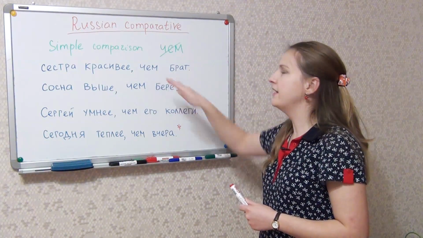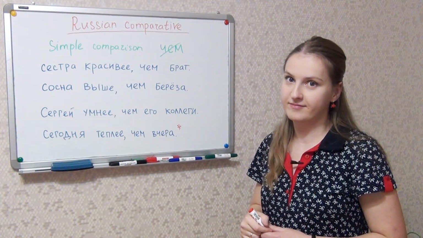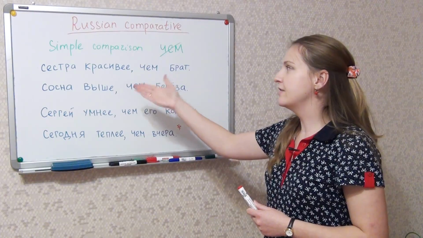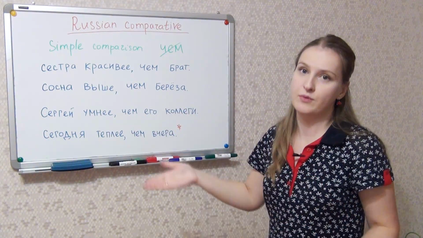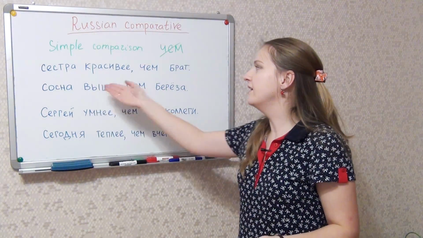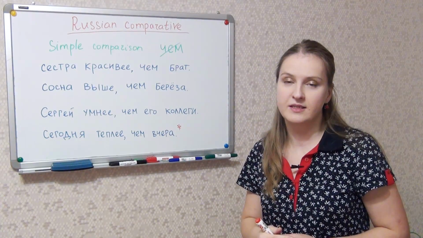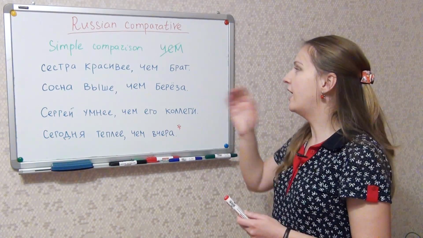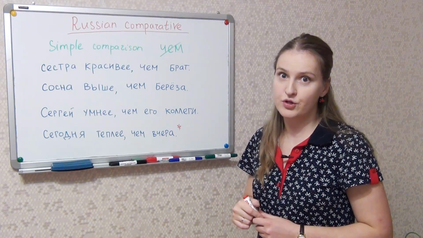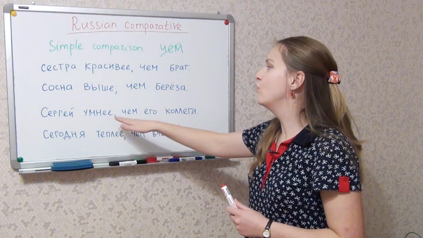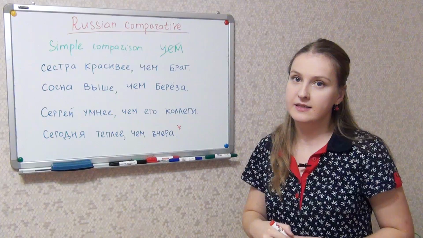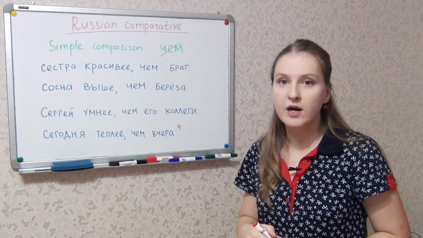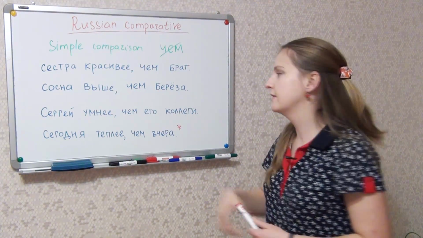Сестра красивее, чем брат. The sister is more beautiful than the brother. Сосна выше, чем береза. The pine tree is higher than the birch. Сергей умнее, чем его коллеги. Сергей is smarter than his colleagues.